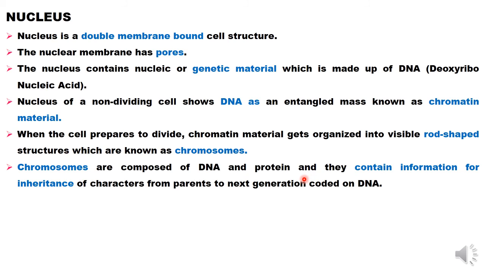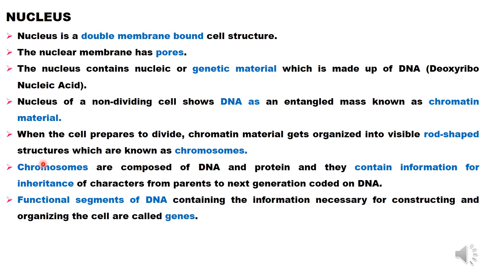So ultimately we have understood why this nucleic material is so important, because the parental characters will be transferred to the next generation through chromosomes only. And functional segments of DNA containing the information necessary for constructing and organizing the cell are called genes. So there will be thousands of genes governing each and every aspect of a cell, its appearance, its metabolic activities, everything.